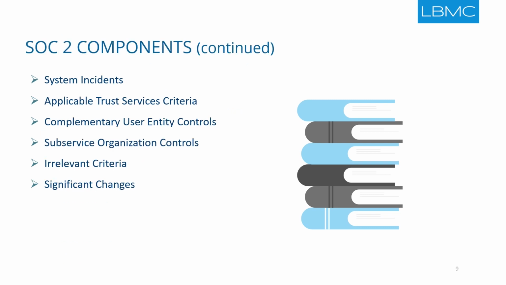Also included are a description of any system incidents that occurred during the audit period, the applicable trust services criteria, complementary user entity controls, controls at subservice organizations, any criteria that are not applicable, and any significant changes in the system since the previous review period. So I will go into each of these and describe what should be included in each section.